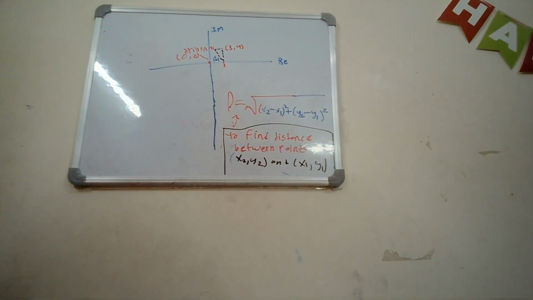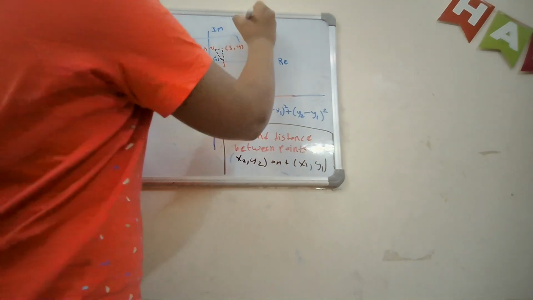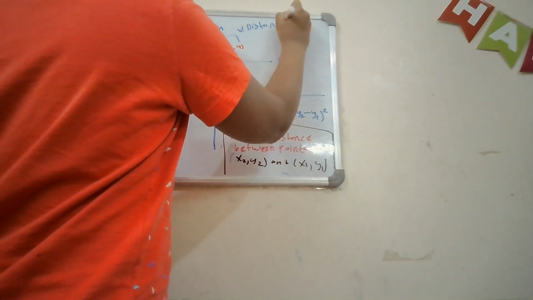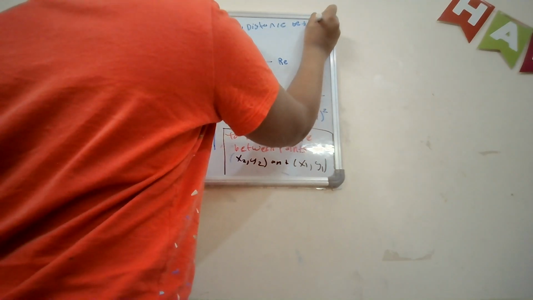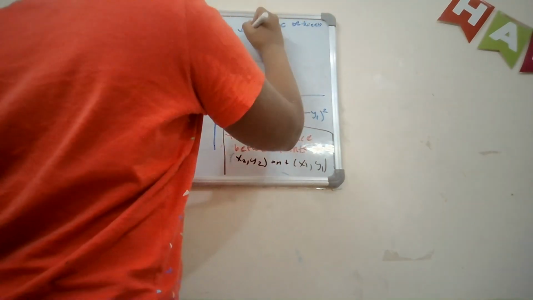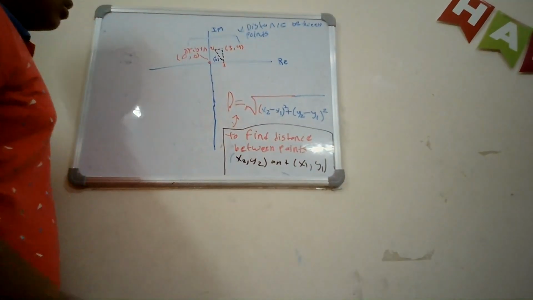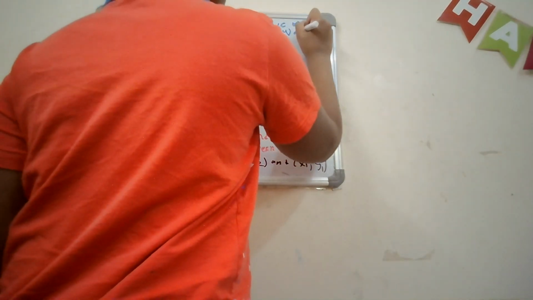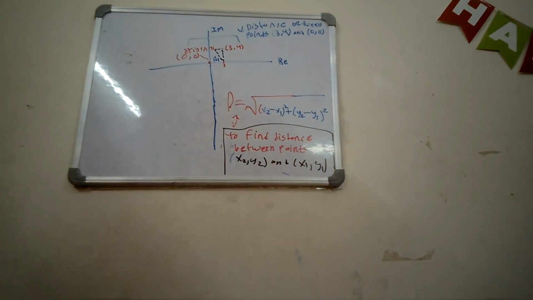So what we're doing is, we're finding the distance between 2 points, between 3, 4 and 0, 0. Okay, that's what's going on here.